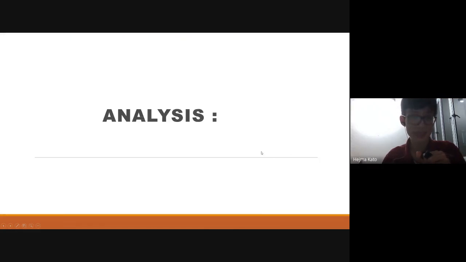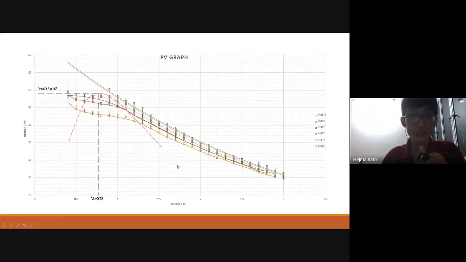So here's the analysis. After we collected the data, we plotted the graph. This is a PV graph. This axis represents pressure in times 10 to the power of 5 pascals, and the x-axis represents volume in milliliters.